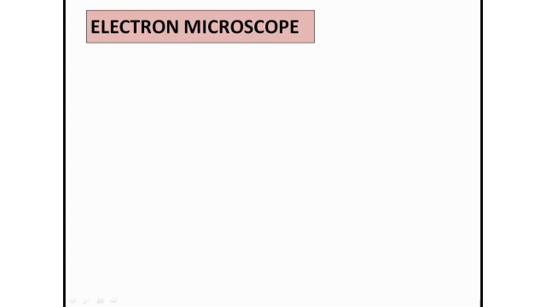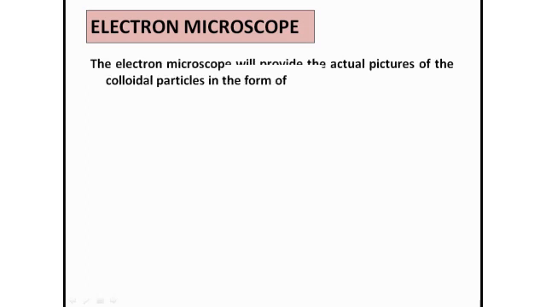So what we can do is use an electron microscope. The electron microscope gives a picture of the colloidal particles, so using it you can get the shape of the colloidal particle. Moreover, the surface area of the colloidal particle can also be studied.